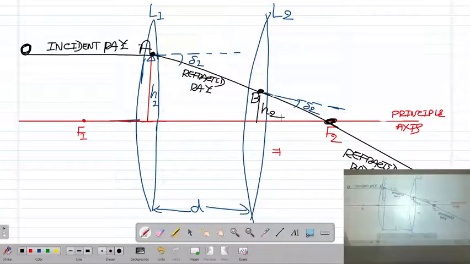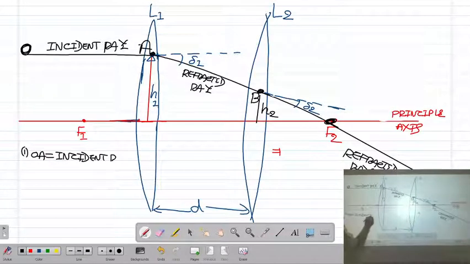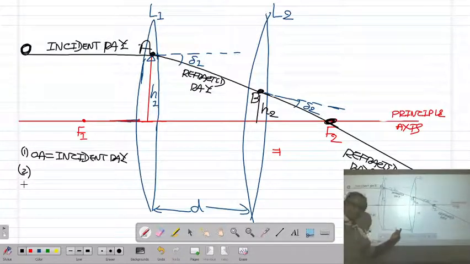Okay. So I write each and everything. OA is the incident ray. D is the distance between the two lenses. OA is the incident ray. AB is the refracted ray.